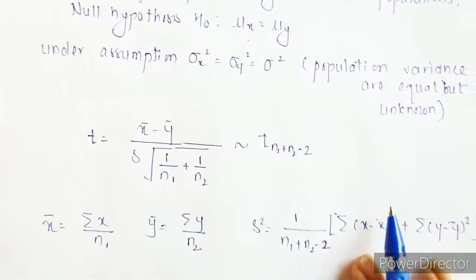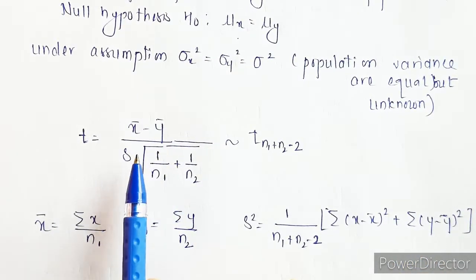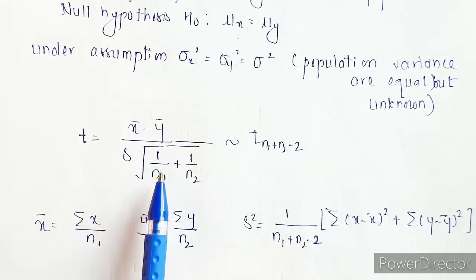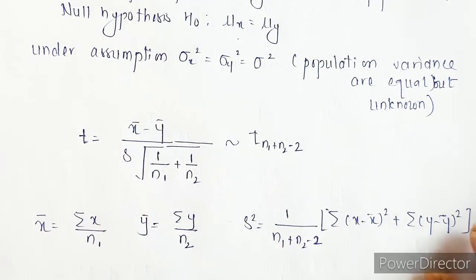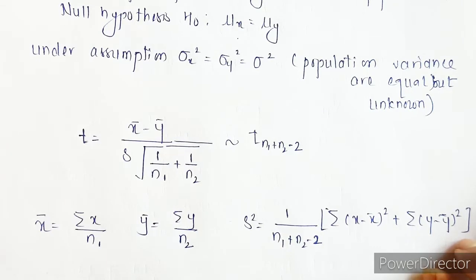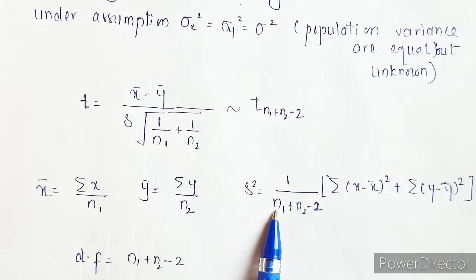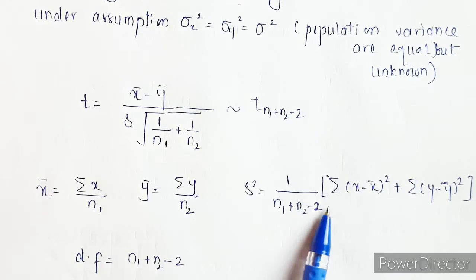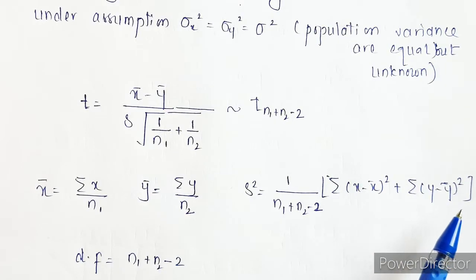So how do we check that? The t-test here is given as x bar minus y bar upon s into the root of 1 upon n1 plus 1 upon n2. Here x bar is the mean of the sample from the first population and y bar is the mean of the sample of the second population. And s square is given as 1 upon n1 plus n2 minus 2 into the summation of (x minus x bar) whole square plus (y minus y bar) whole square.